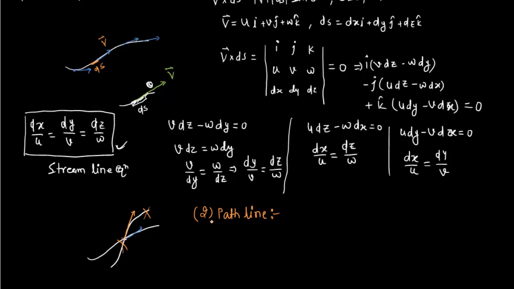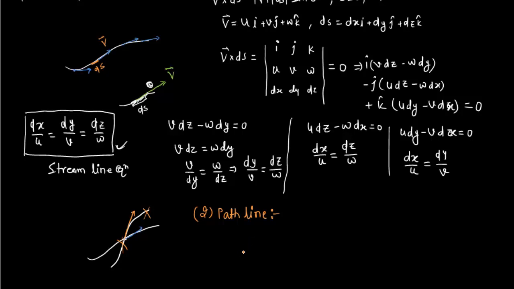So how can you define a path line? Path line is the line or locus of a single fluid particle over the time interval during the course of motion. Means we can say that path line is the line traced by a single fluid particle when it's moving over the time interval in the flow.